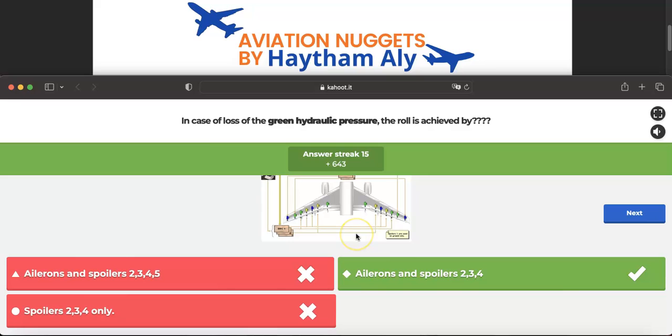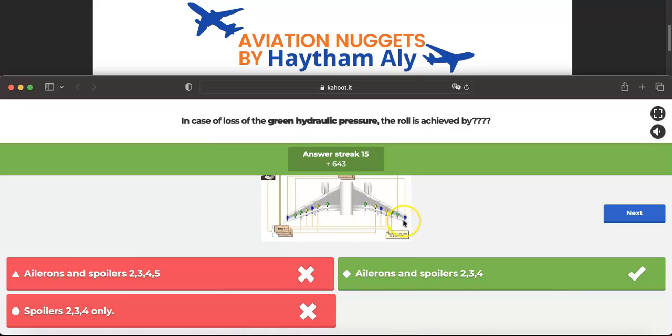In normal operation, the roll function happens by aileron and spoiler 2 to 5. In that case, the question asks, we lost the green hydraulic pressure. So here, the green actuator will be in damping, but we still have the blue actuator. So, yes, we still have an actuator to operate the aileron.